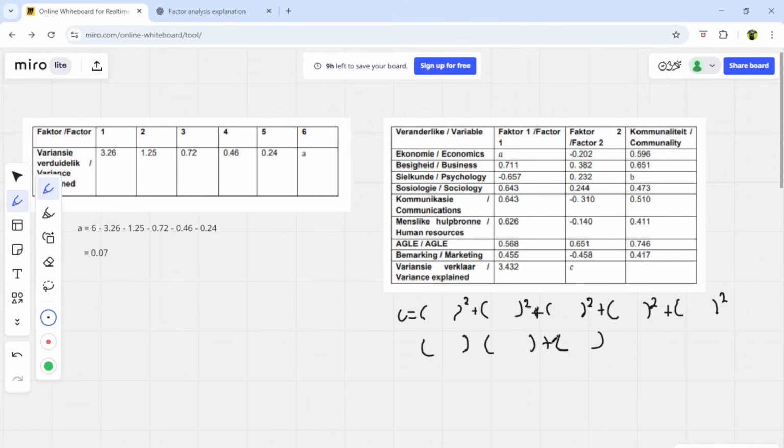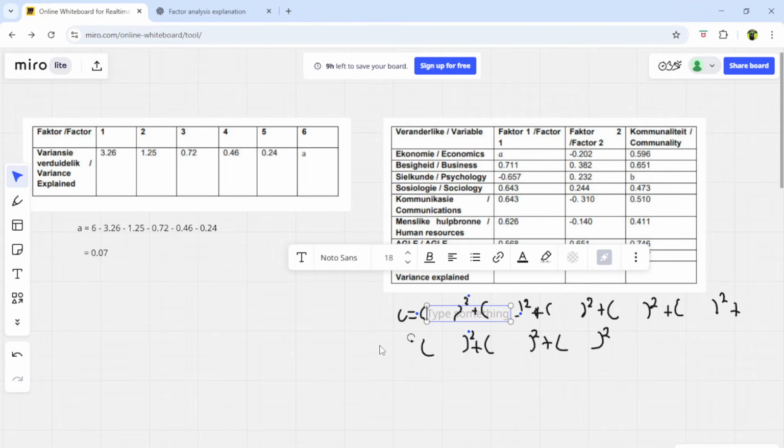Plus, I'm gonna square this, I'm gonna square this, I'm gonna square this. Okay, now I'm gonna write these numbers in between. I'm gonna use this because it's simpler to write it like that. Okay, so I'm gonna say minus 0.202, just reduce it a bit.